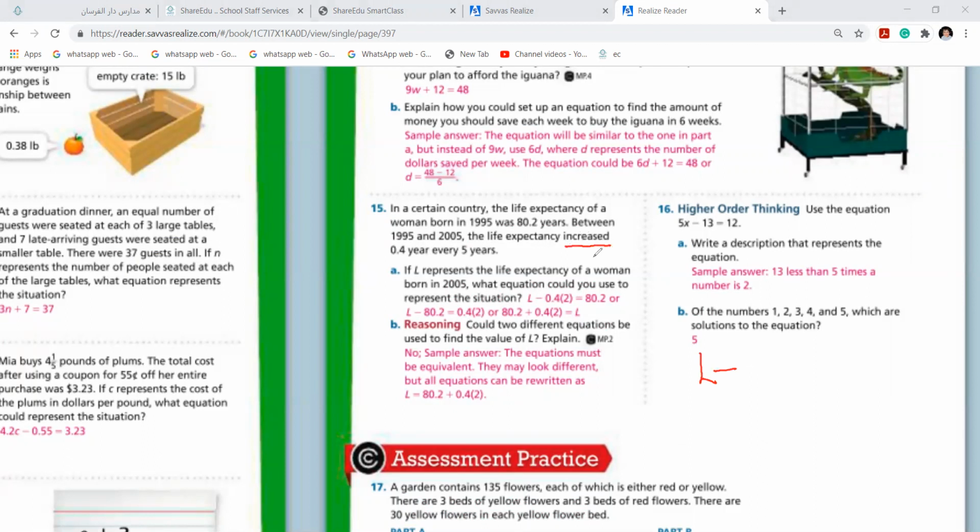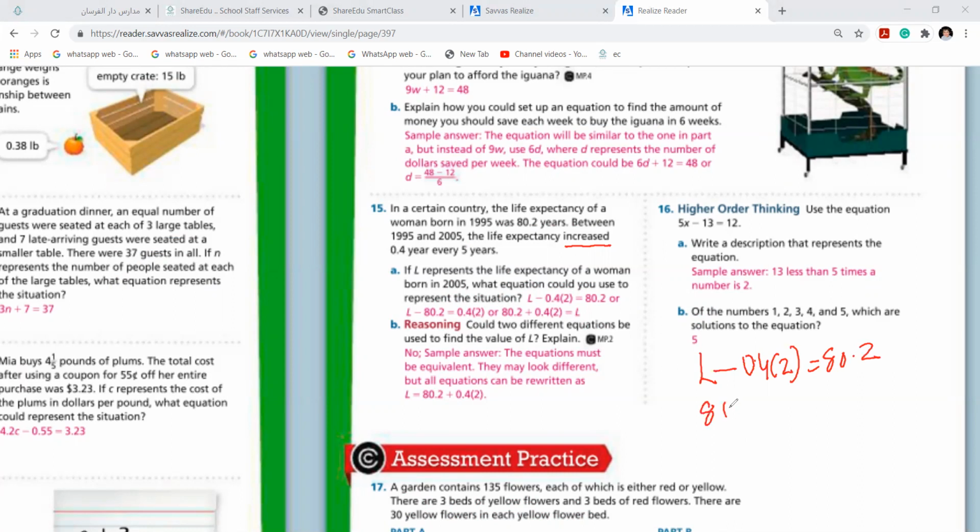It increased, but before it was only 80.2 years. Now the expectancy is increased, which means they will live 0.4 multiplied by 2 more.